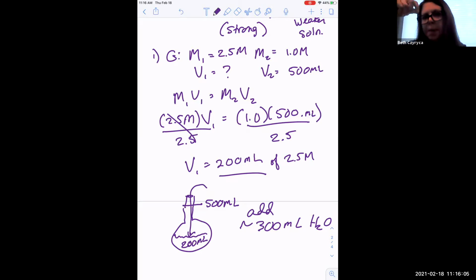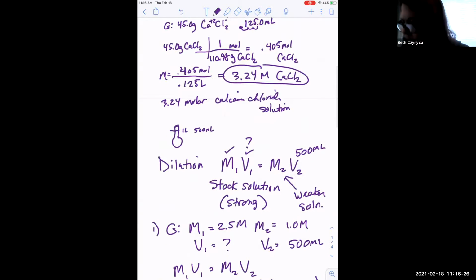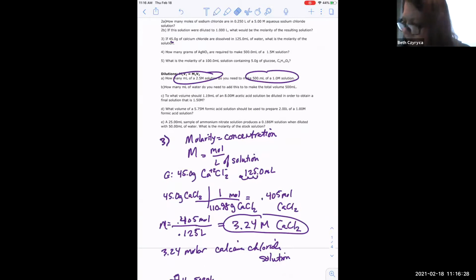And then you're going to pipette drop-wise until you get to the 500 line. And what happens if you go over? You start over. Completely throw the whole thing away. You've screwed it up and you got to start from scratch. So it's really important in chemistry that you get that little detail. It's kind of a pain, but that's pretty important.